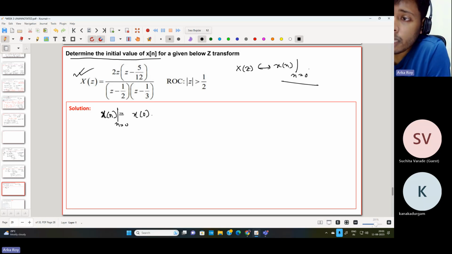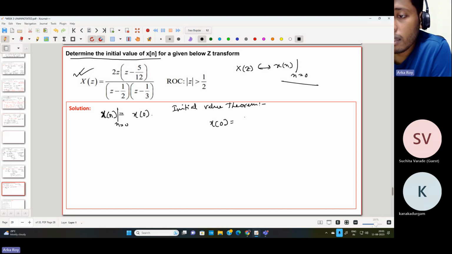But this will be quite cumbersome. So there is a particular theorem called the initial value theorem. So I can just write it like this: x0 is the limit as z tends to infinity of x z.